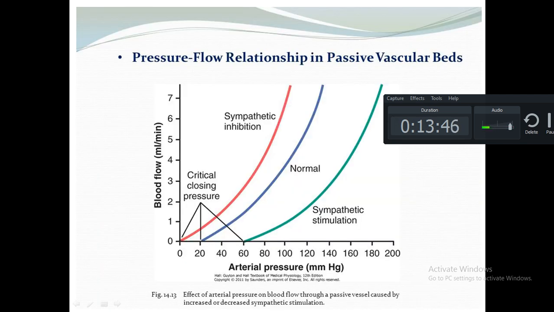This is the pressure flow relationship in passive blood vascular beds, and you can see this is the normal curve in which the arterial pressure is increasing, and that will cause an increase in the blood flow. But in the presence of sympathetic stimulation, even at a pressure higher than normal, there will be less blood flow, and in the case of sympathetic inhibition, the curve is shifted towards the left, and then there will be more blood flow.